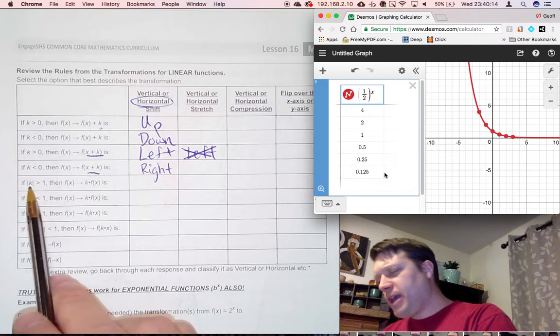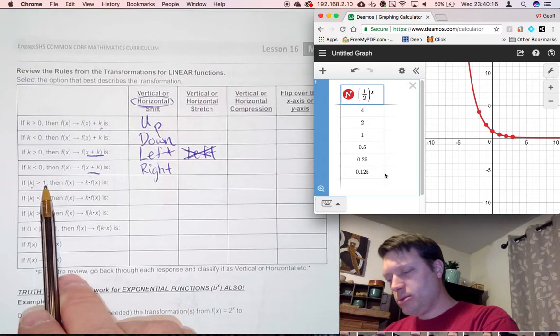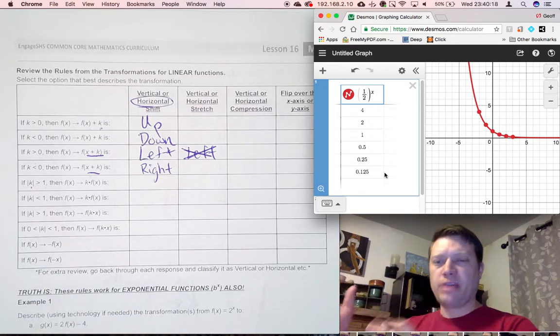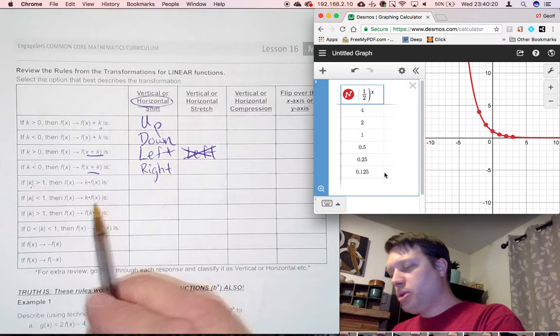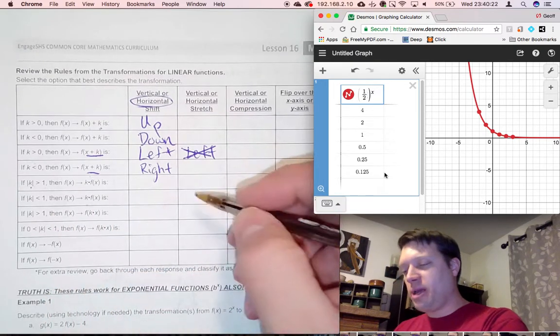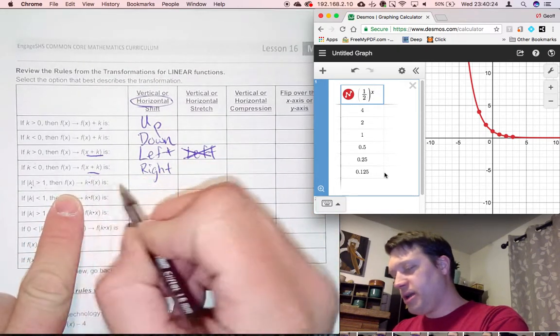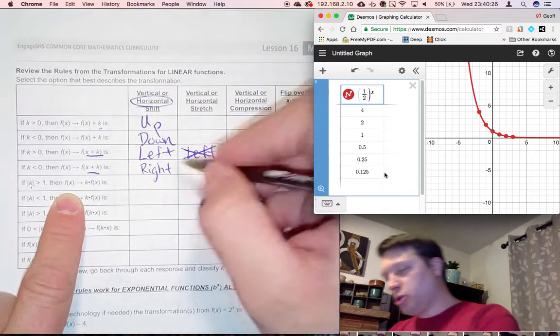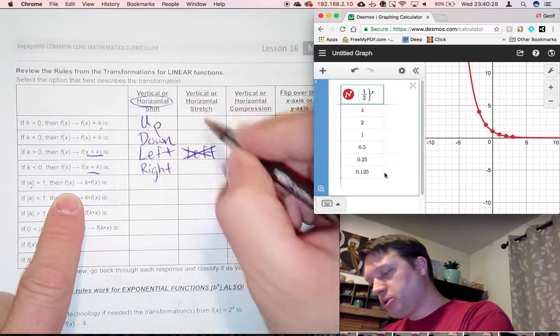Okay, if k is greater than 1, let's say the positive value of k is greater than 1, then multiplying a function by k, f of x, is going to be a vertical stretch.